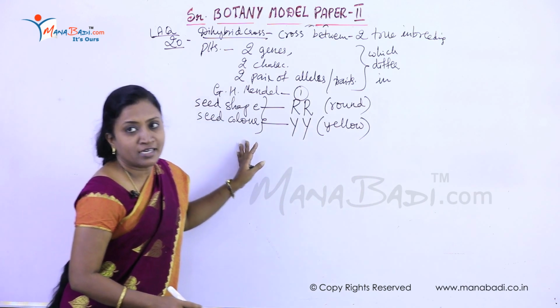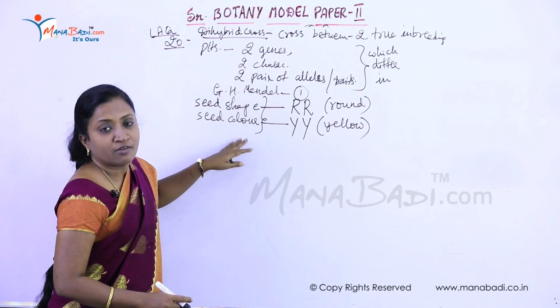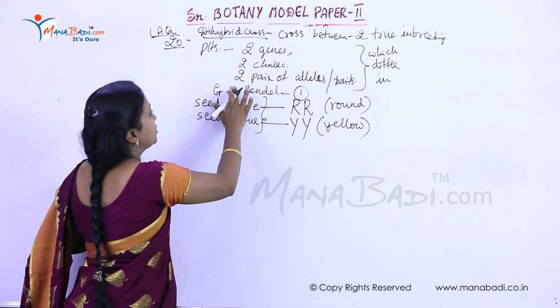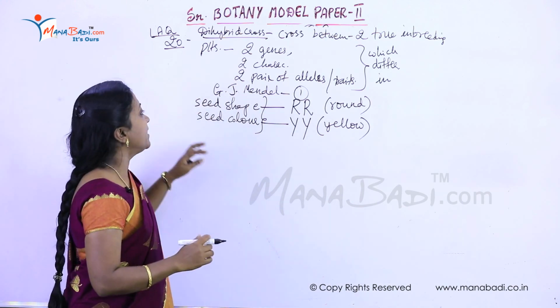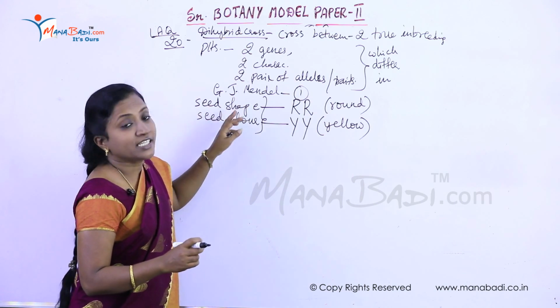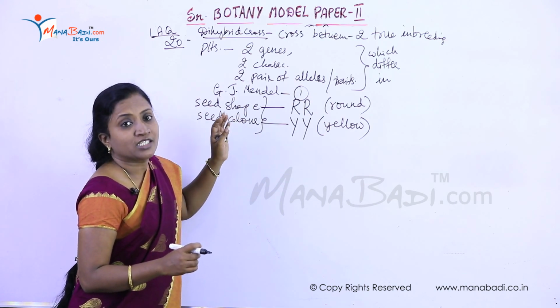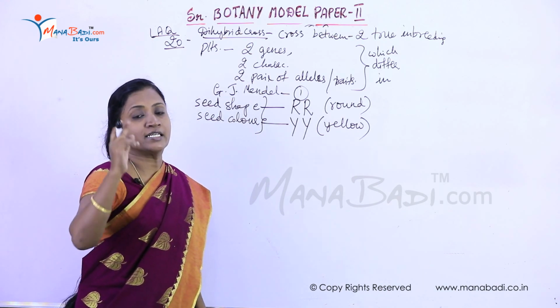These are the two characters taken into consideration by Gregor Johann Mendel, G.J. Mendel, not G.H. He took these two characters, seed shape and seed color, and crossed two homozygous plants.